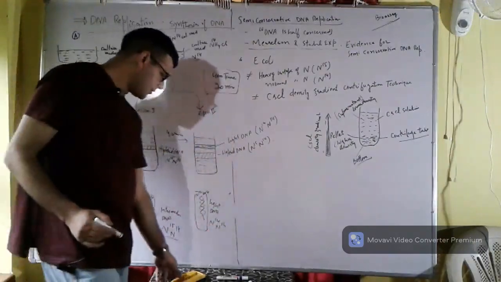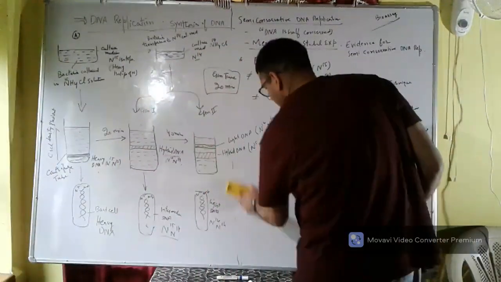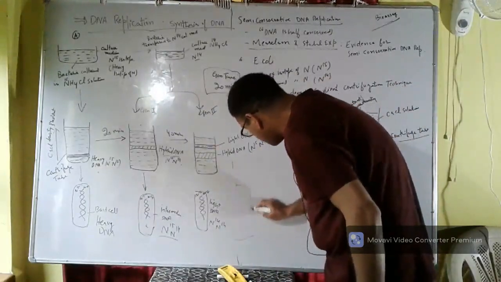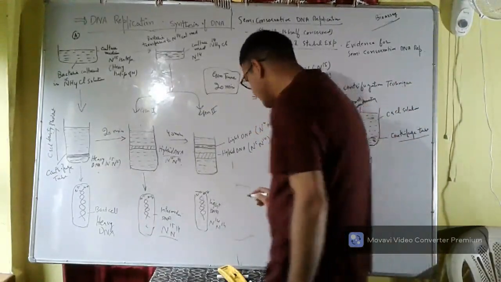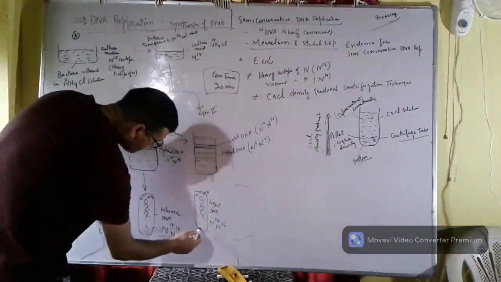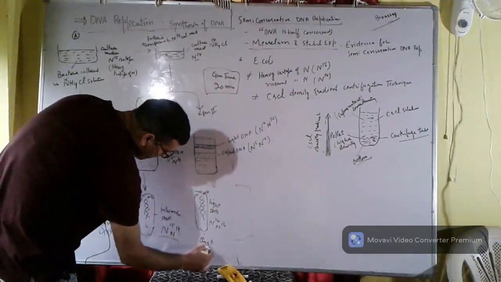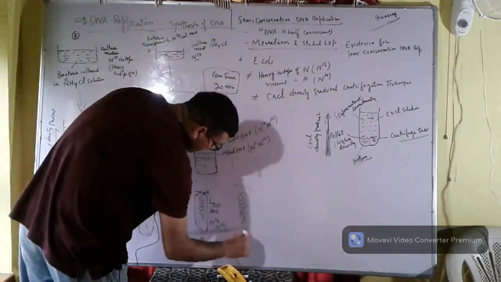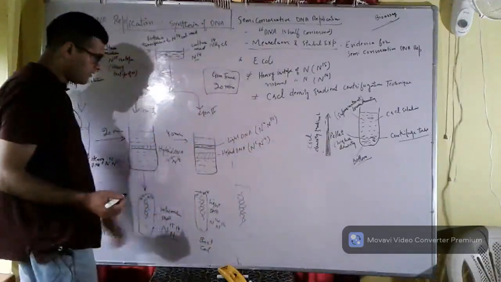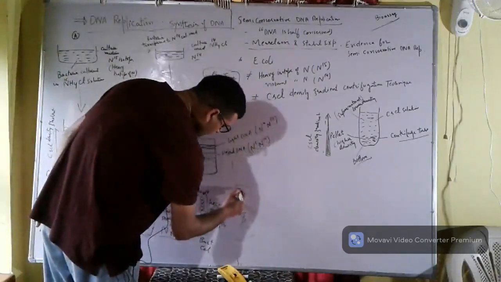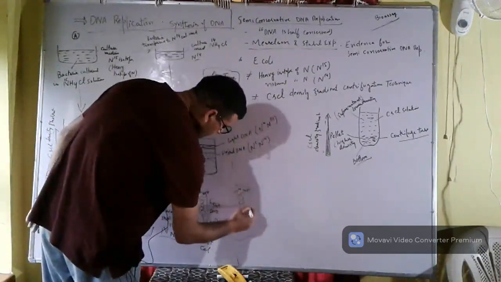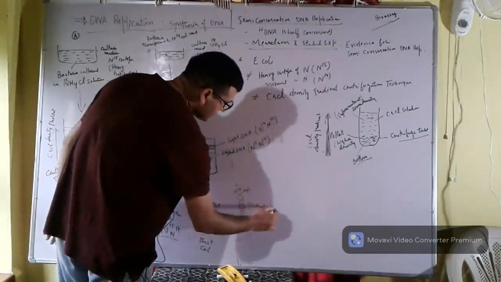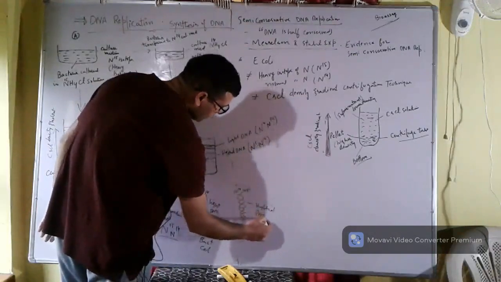And also we will get bacterial cells which have intermediate DNA. This is a bacterial cell which is having hybrid DNA, that is N14, N15. So it is called intermediate DNA or hybrid DNA in the second generation, hybrid DNA in the bacterial cell.